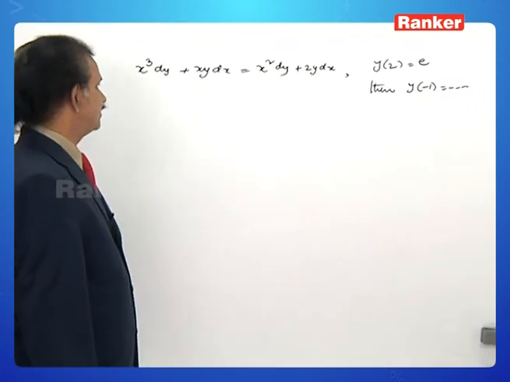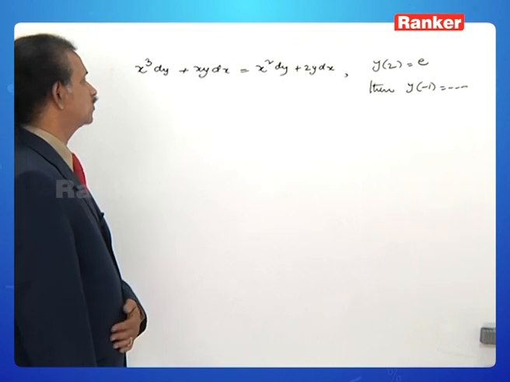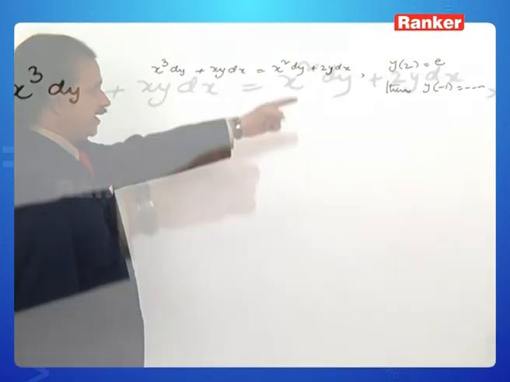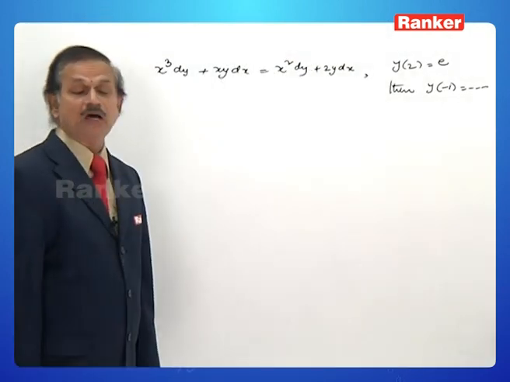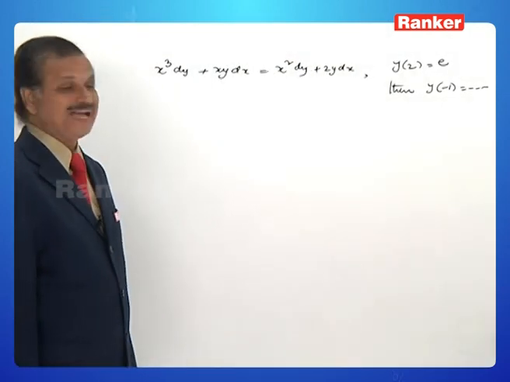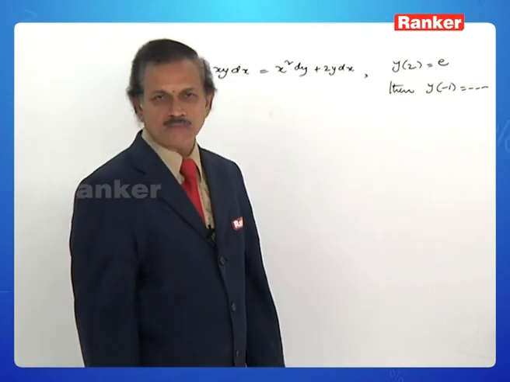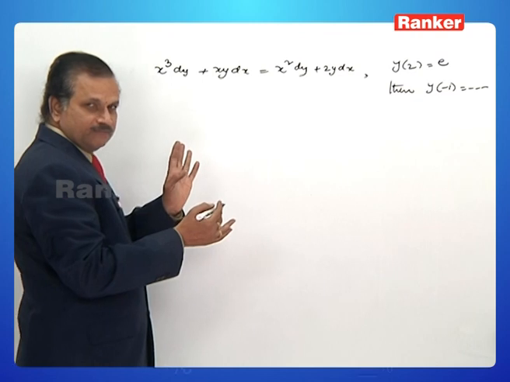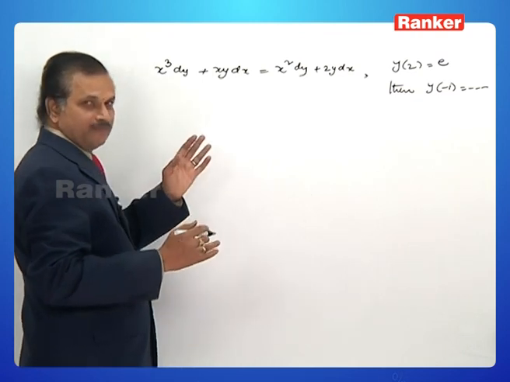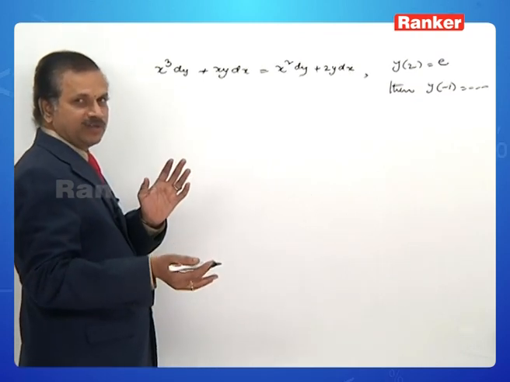X cube dy plus xy dx is equal to x square dy plus 2y dx. It has been given that y at 2 is e, and we are asked to have y at minus 1. Let us try. Let us rearrange the terms so that this problem can be thrown into the model of variables separable.